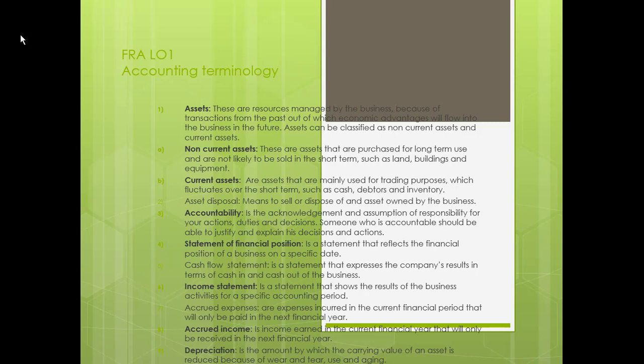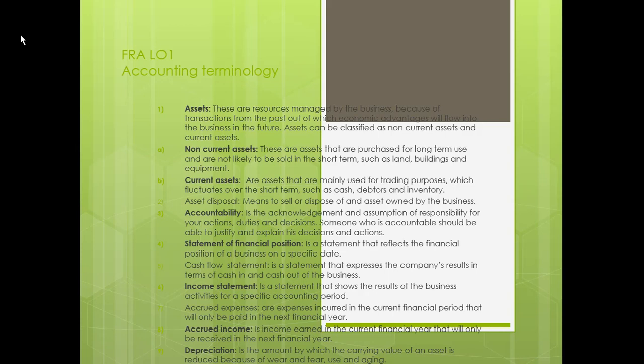Current assets are those assets which are used for trading purposes, and they fluctuate over the short term, and these assets are cash, debtors, inventory. The other type of assets is what we call non-current assets.